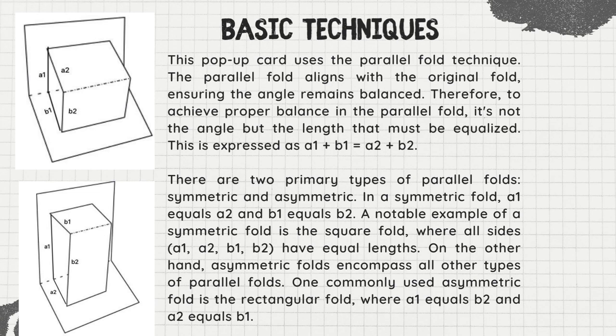On the other hand, asymmetric folds encompass all other types of parallel folds. One commonly used asymmetric fold is the rectangular fold, where A1 equals B2 and A2 equals B1. The picture on the side shows two main types of parallel folds, symmetric and asymmetric.